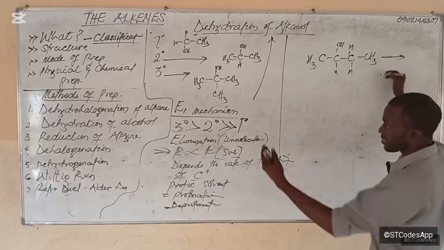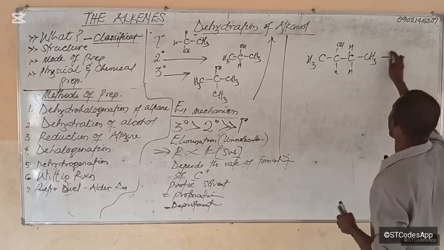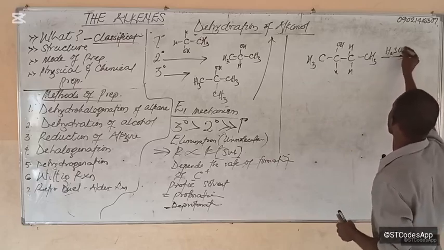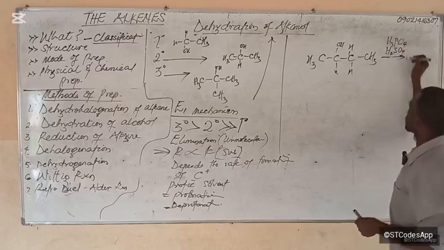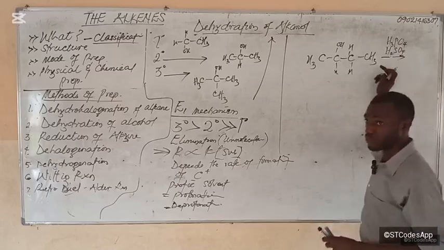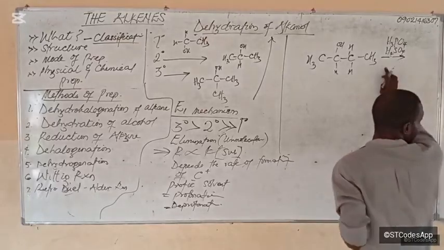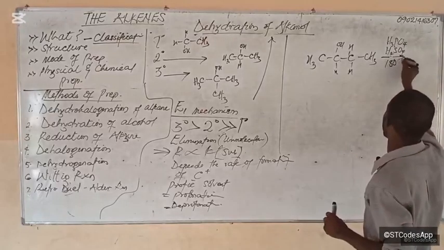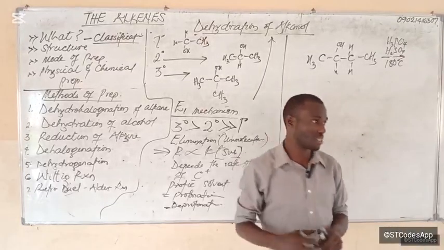So this takes place in the presence of an acid, H2SO4 for example, or H3PO4. If it's H2SO4, it will not be conc, it will be dilute H2SO4, but under high temperature, about 170 to 180 degrees Celsius.